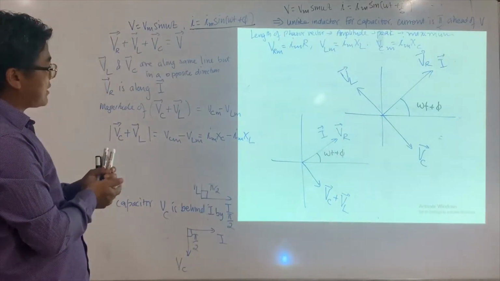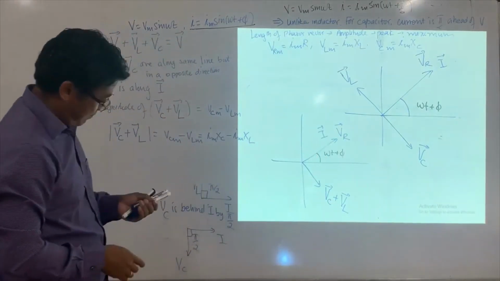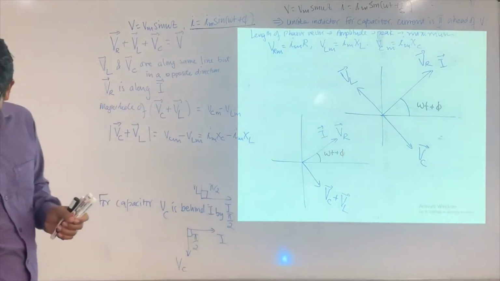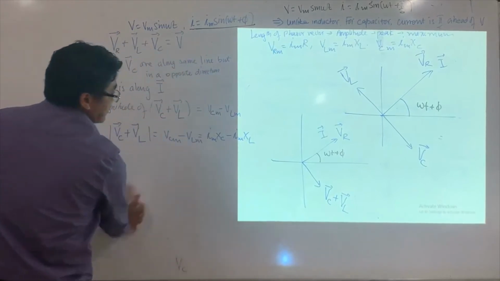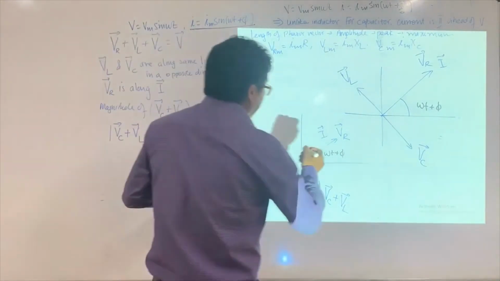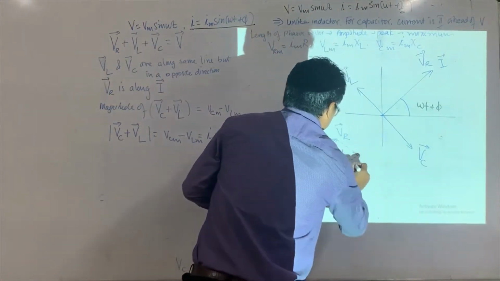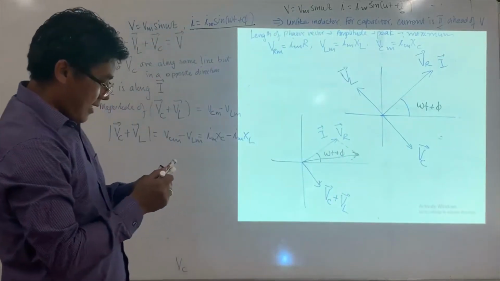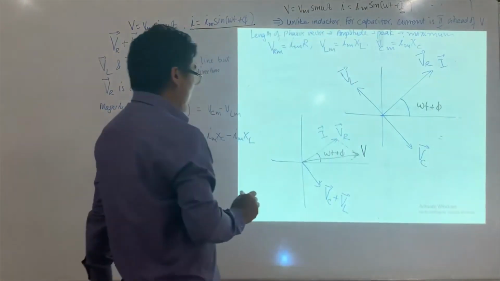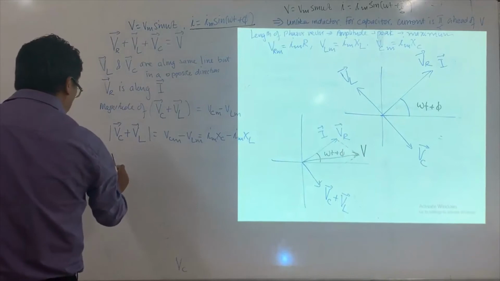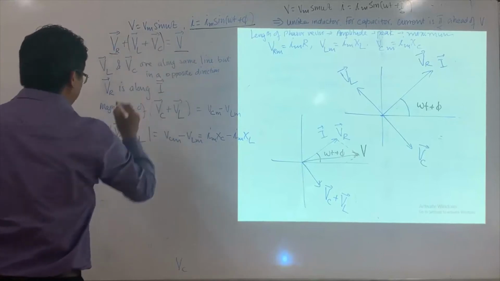Now what I'm going to do is solve this. Looking at this, I'm going to use vector diagrams, the parallelogram law of vector addition. Using this, I would say it is going to be something like this. So I represent the vector V equal to R, something like this.